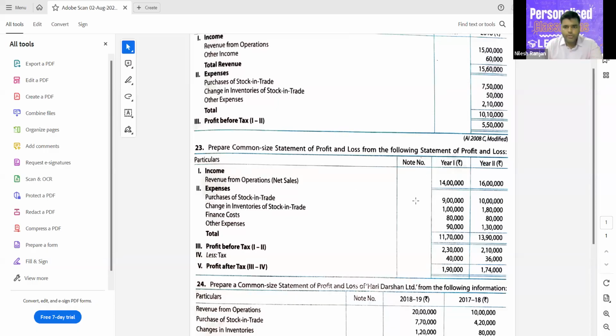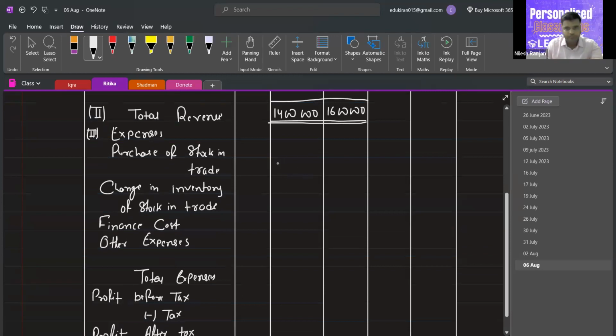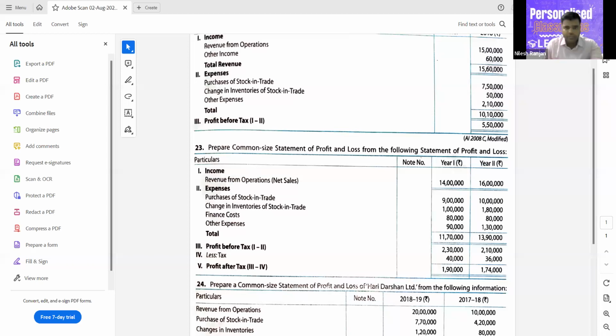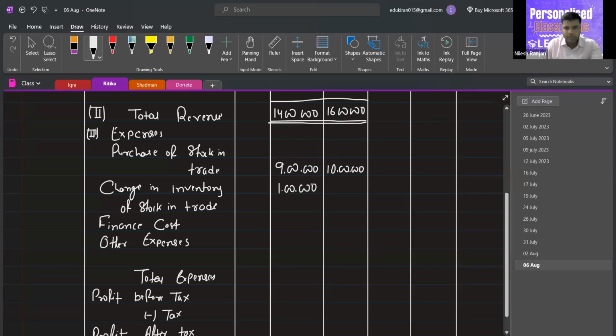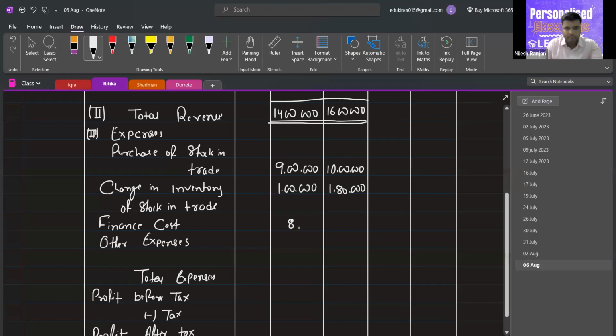Okay, so revenue from operation, we have already written this, 9 lakh, 10 lakh, purchase of stock in trade. After that, 1 lakh, 1,80,000. 80,000, finance cost, 90,000 and 1,30,000.